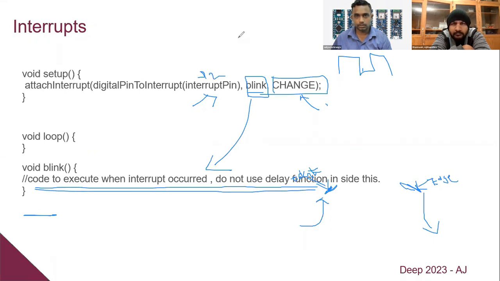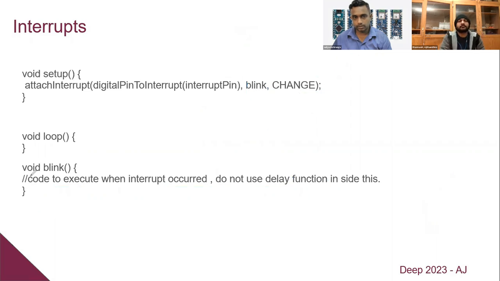Also remember that if you're using interrupts, do not use delay functions inside them. If you somehow want to use delays, use them in a different method, not inside this. It's good to use the interrupt function to set a flag. Let's say we have a Boolean flag.